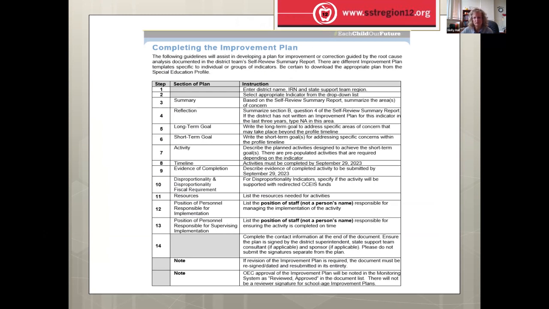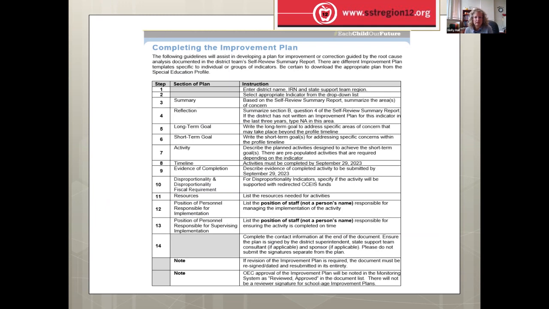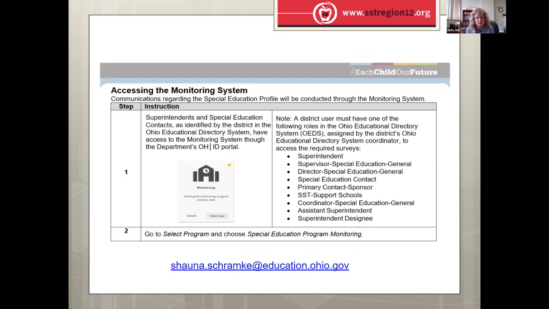So you'll find very general information here that we already went through. And I should go back. Did we get through? Yeah, we did. Okay. And of course, there was the fiscal guidance that we just reviewed in terms of acknowledging those allowable versus not allowable supports.